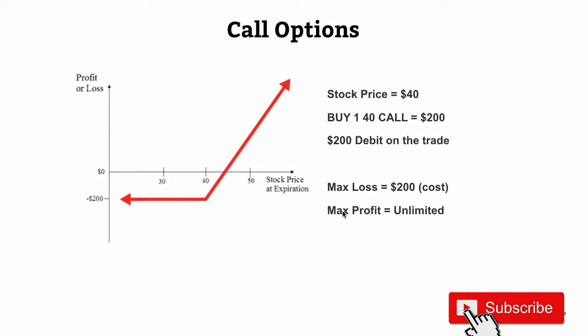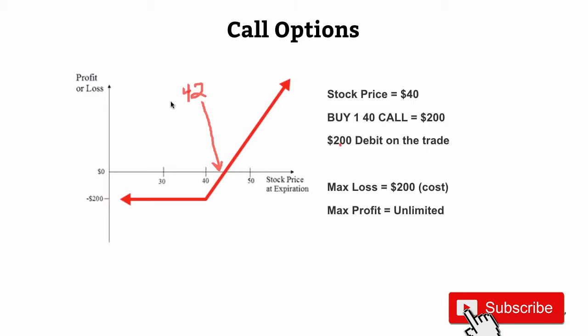Your max profit potential is theoretically unlimited in this case, and your break-even point in this case is $42. That is the value of the strike price plus the option contract value, which is really $2 as a value, not a $200 debit. That's the actual value of the contract, but when you actually see the contract go across, you're going to pay $2 for that contract.